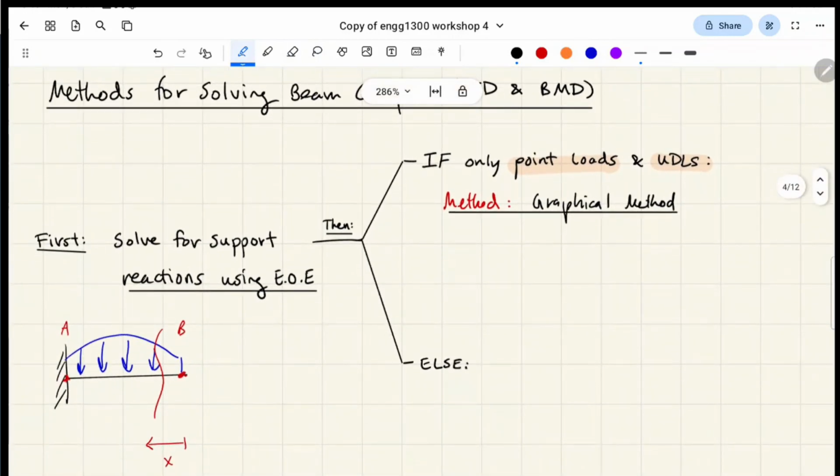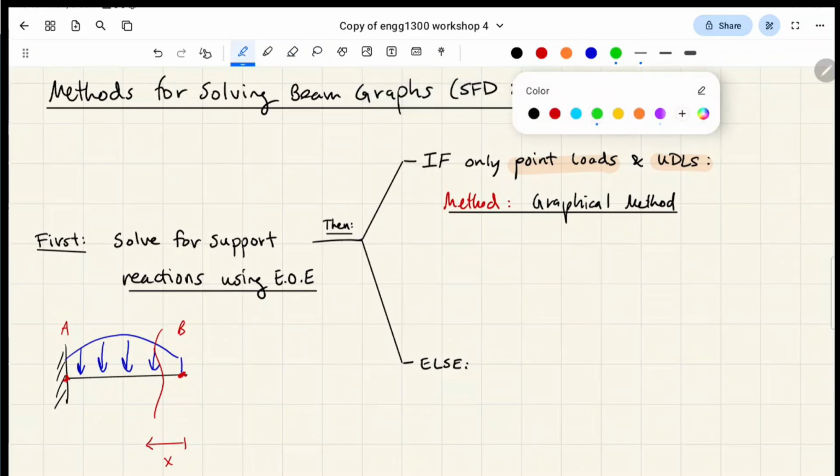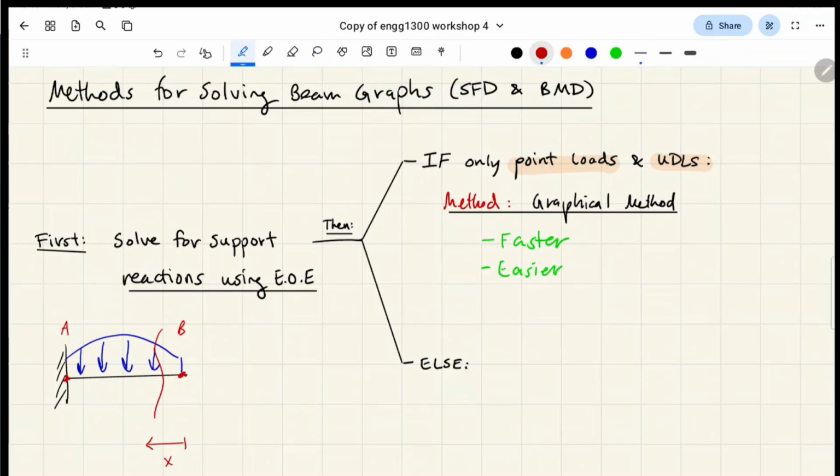The graphical method is great because it's faster and easier to do than the other method, but there are limitations because it can't solve certain problems. I'll give you an example of something it can solve and something it can't solve.